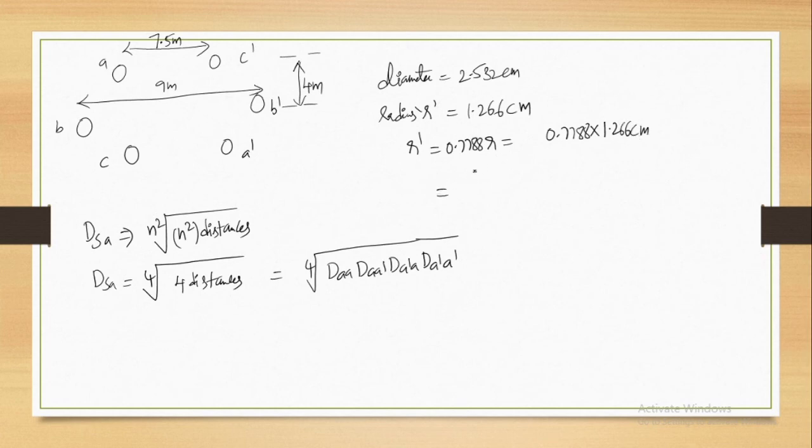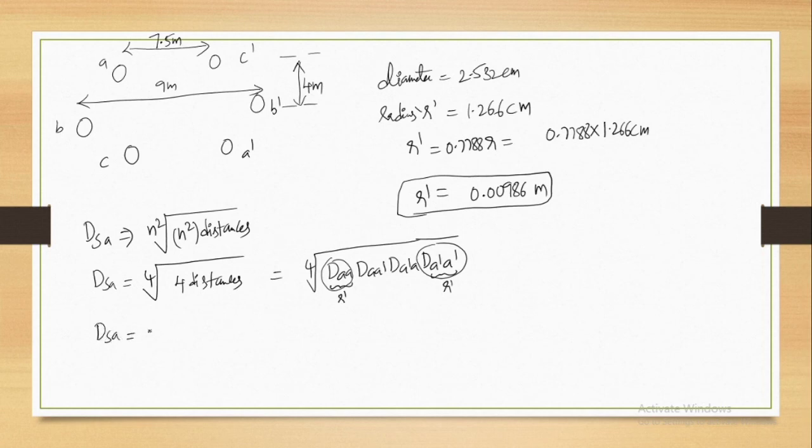If you evaluate this, you will get 0.00986 meter. I have determined the R dash value directly. You can substitute here. What are DAA and DA dash A dash? This is R dash and this is also R dash, the self distances, A to A distance and A dash to A dash distance. And these are the distances between A and A dash.